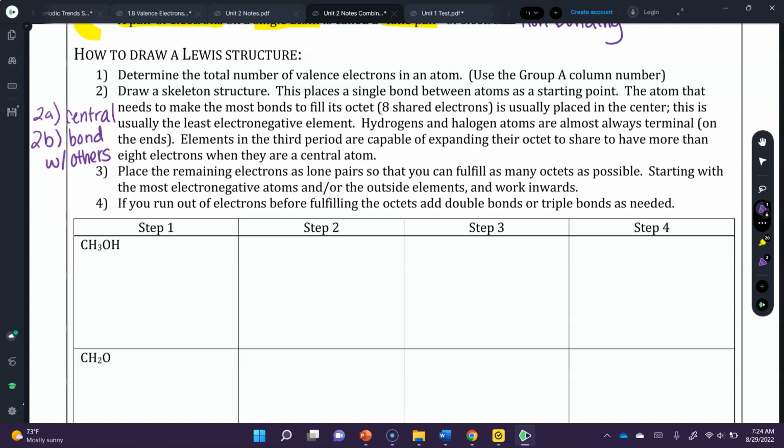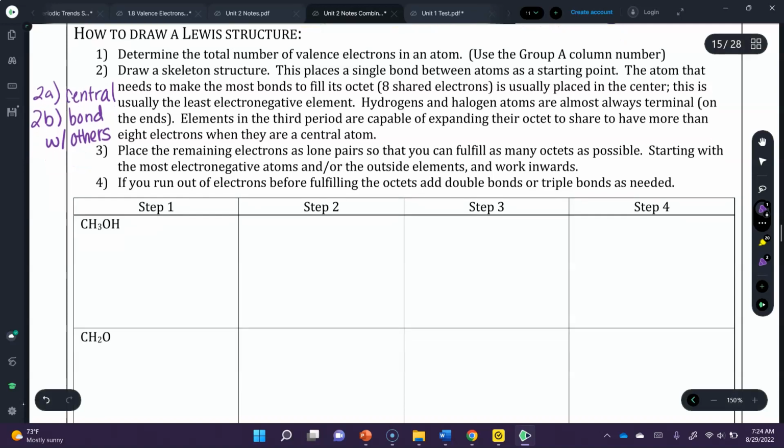You place remaining electrons as lone pairs so that you can fulfill as many octets as possible. And then if you run out of electrons before you have satisfied every atom's octet, you form double or triple bonds. So the best way to get familiar with this is to practice.